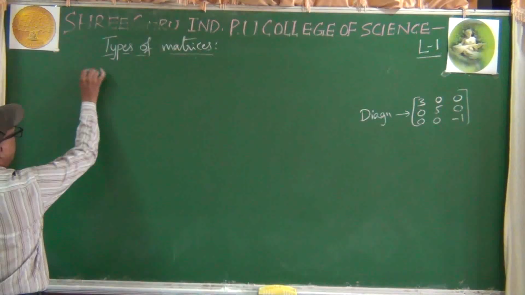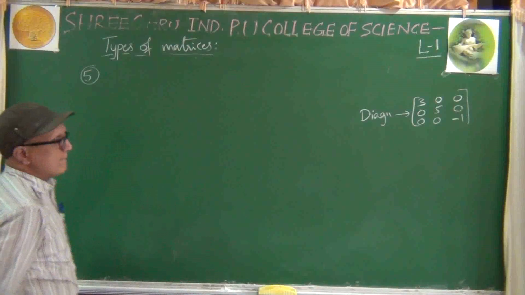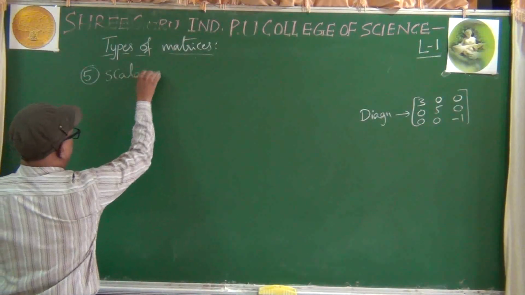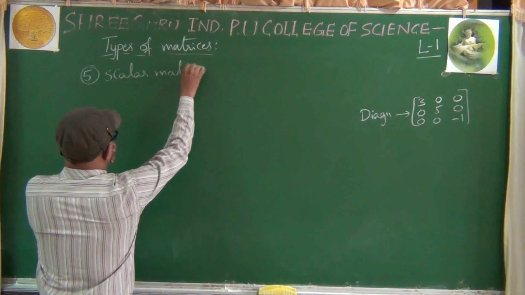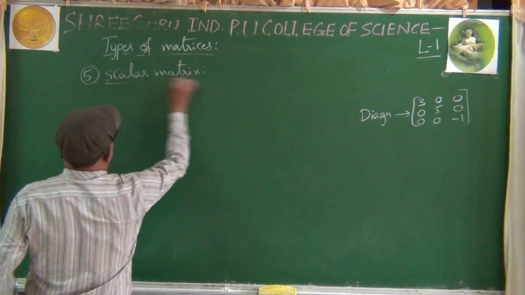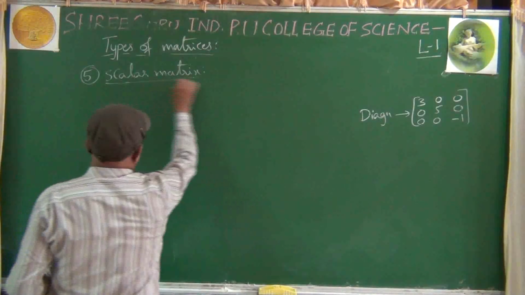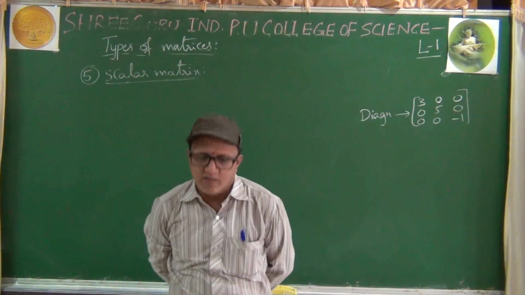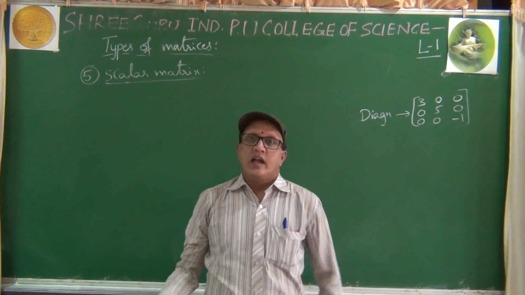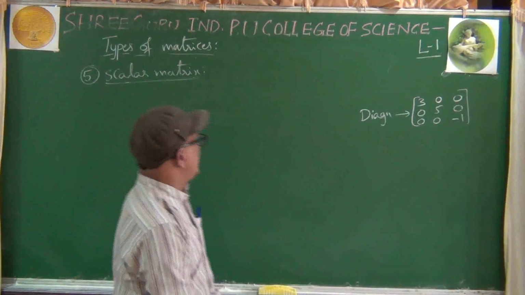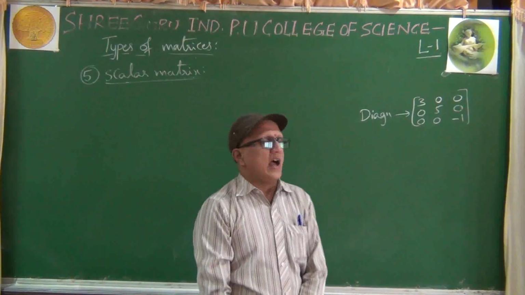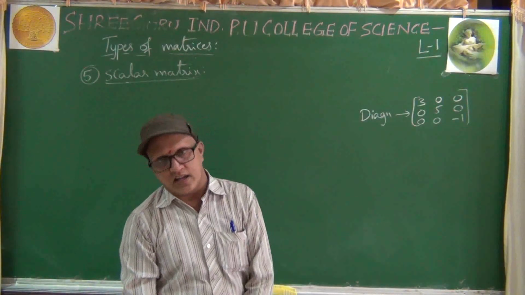Next, fifth one, scalar matrix. As per the textbook, the definition is: a diagonal matrix is called a scalar matrix if all diagonal elements are the same.